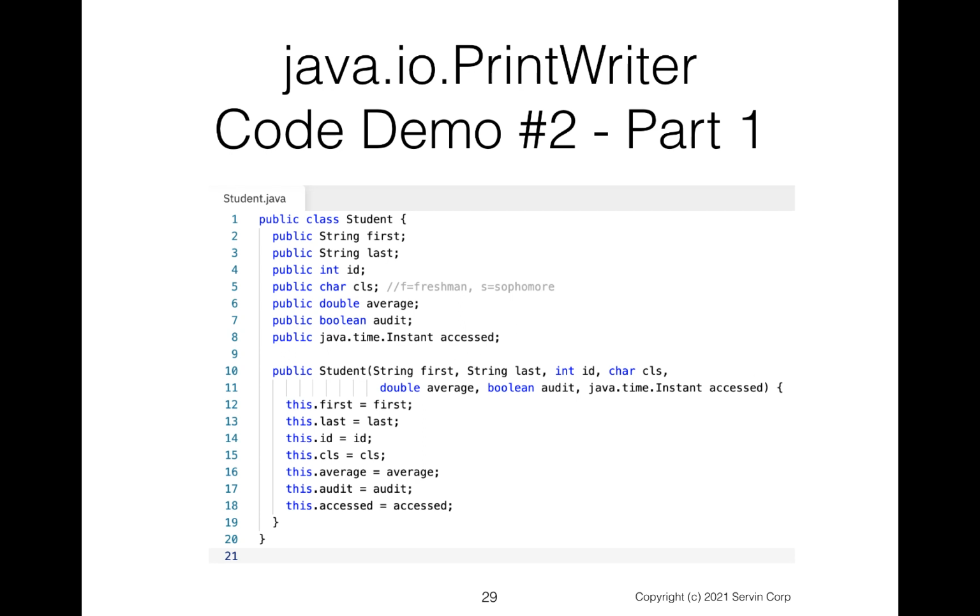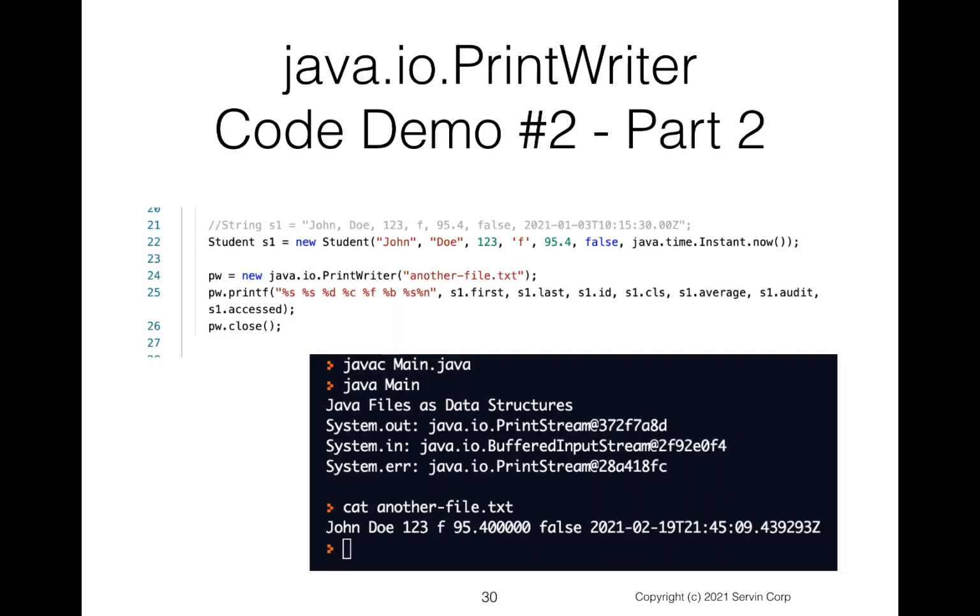And then at line number 10, I have a constructor where we give the values: the first, the last, the ID, the class, the average, the audit, and the time accessed. And notice all we do with the constructor is store those values, lines 12 through 18.